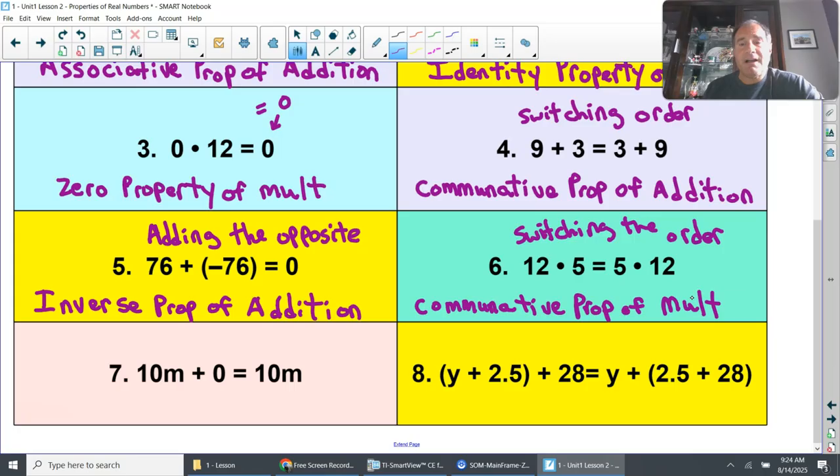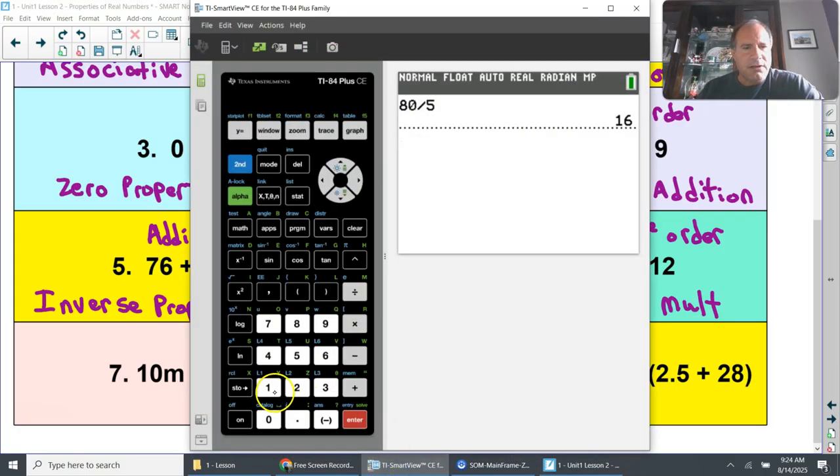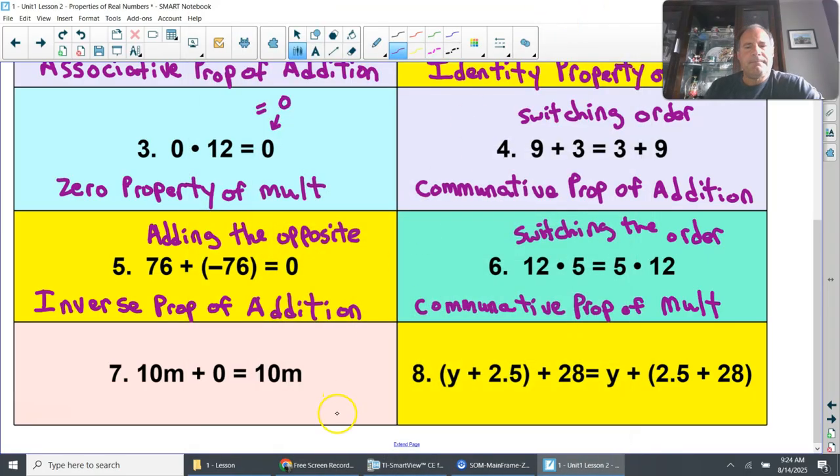Remember, 12 times 5 equals 5 times 12. You can do it right in the calculator. 12 times 5, 5 times 12. 60. Right?